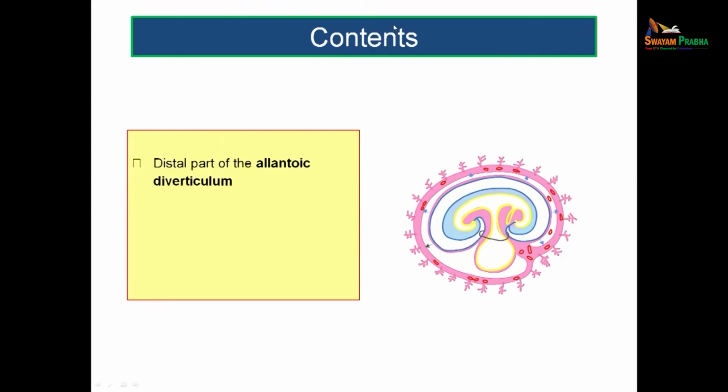We have already seen that there is a finger-like projection at the caudal end of the embryonic disc, that is known as the allantoic diverticulum. This is for the vascularization of the umbilical cord. That means the umbilical vessels are derived from the vessels of the allantoic diverticulum.